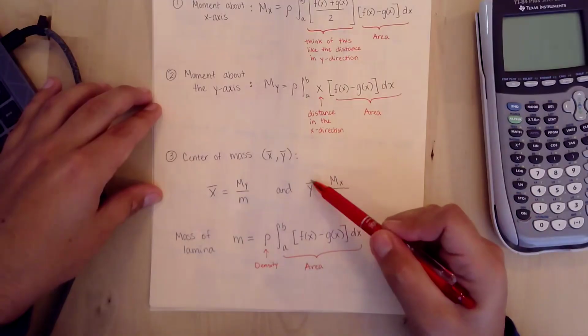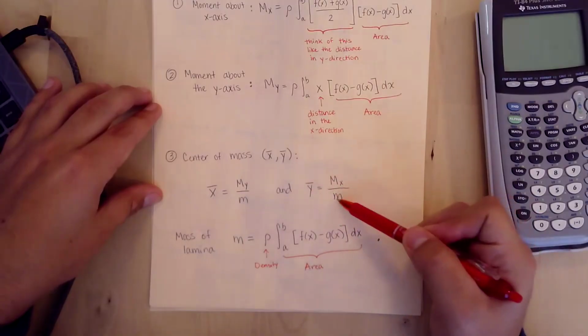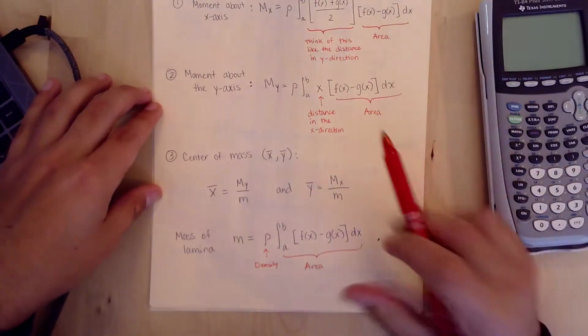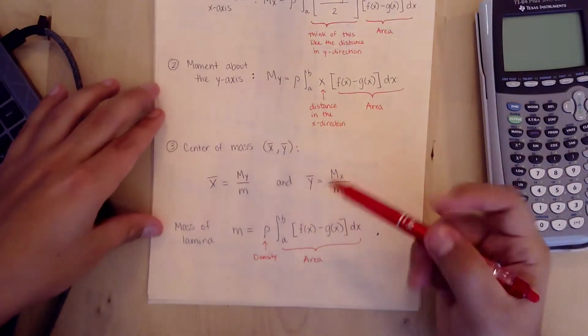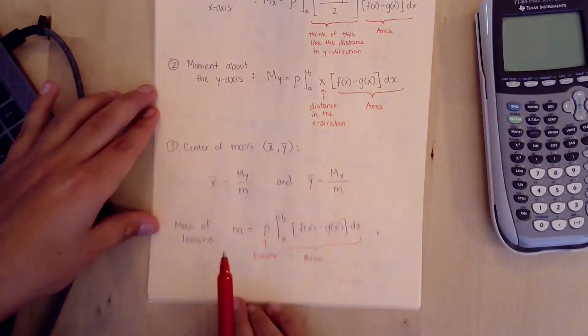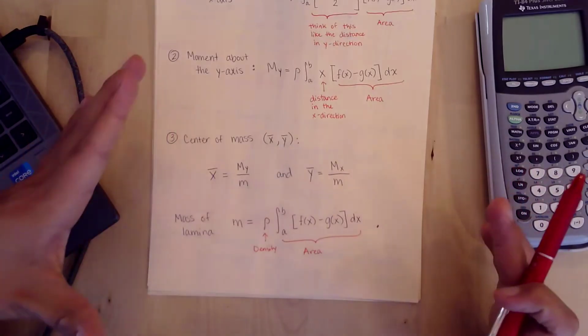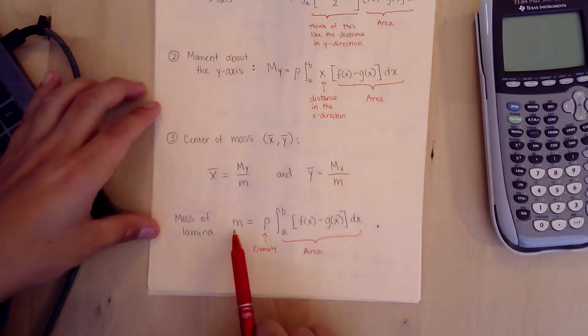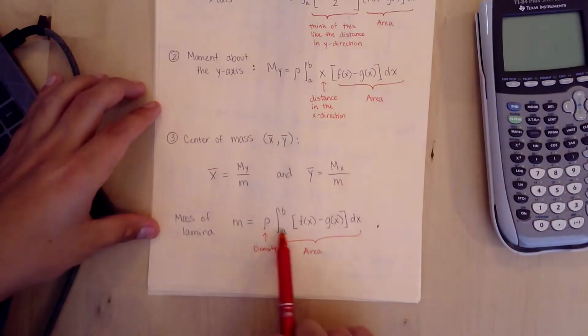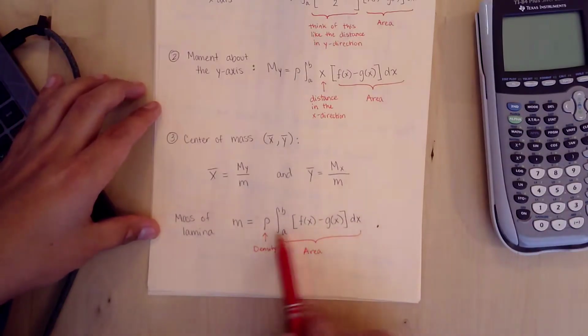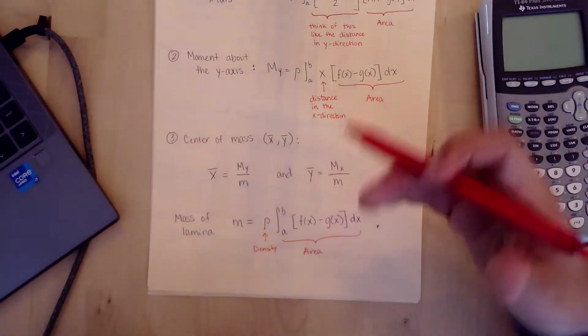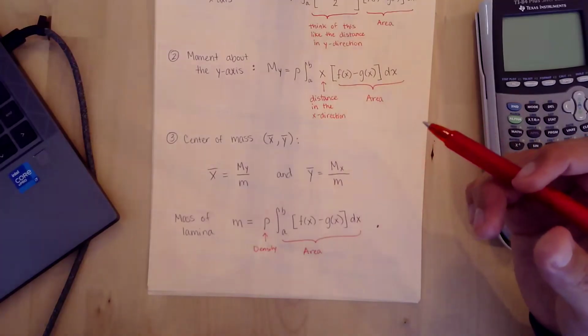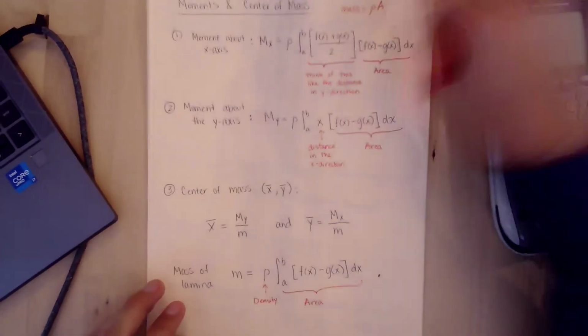And then y bar is going to be mx divided by m, as we saw before when we were looking at simpler systems. Just remember that because we're integrating across an irregular shaped planar lamina, the mass of that object is going to be the density times the area. And now we're using this area integral to find the area between the two functions.